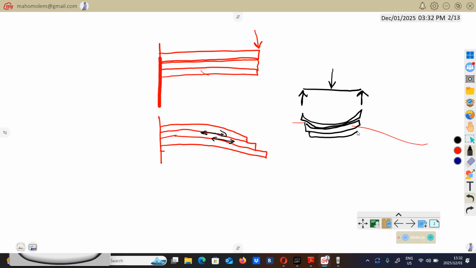As they bend, they're going to scratch over each other. Between the surfaces of the rulers, there will be that sliding force, which is the shear force or the shear stress. Remember, stress is just the force acting per unit area. So shear stress is the shear force acting per unit area.